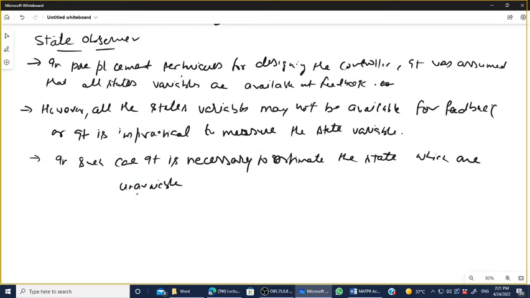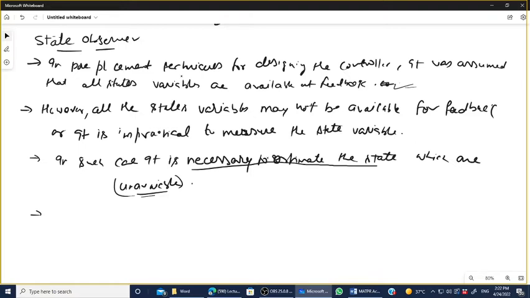Unavailable means that we are not able to measure them. So you have to estimate those states, because in order to design the controller, you need all these states, as we have assumed. Those states which are not measurable, you have to estimate.